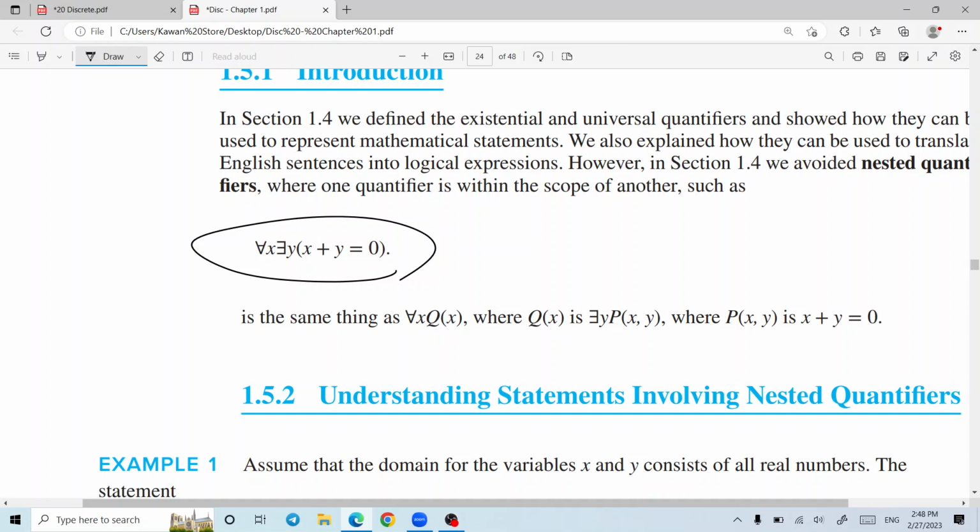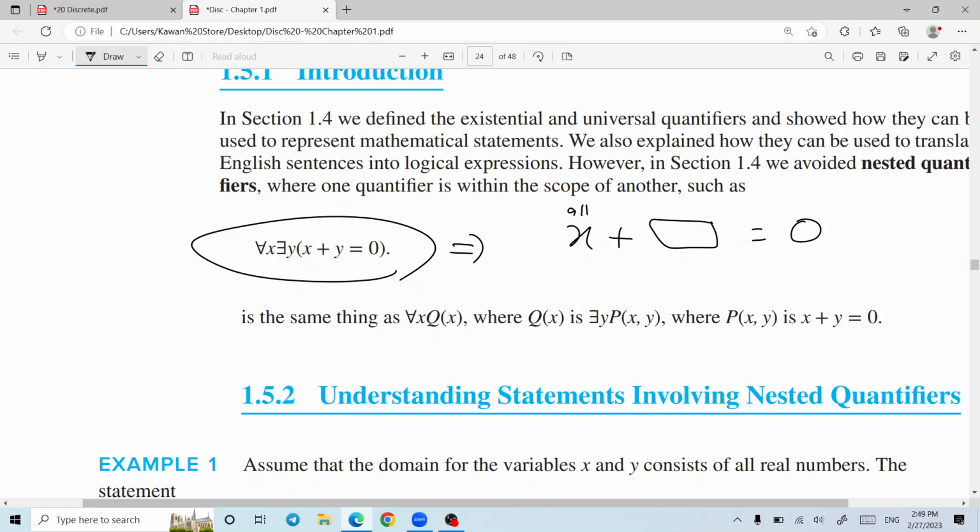So how do we analyze this sentence? We say for all real numbers x, there exists one y or more, which we add to the x, and we will get 0. Do you think that one is right or not?